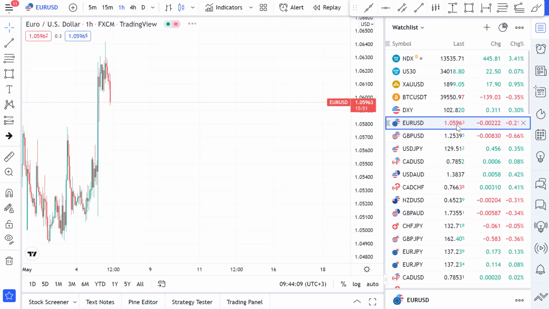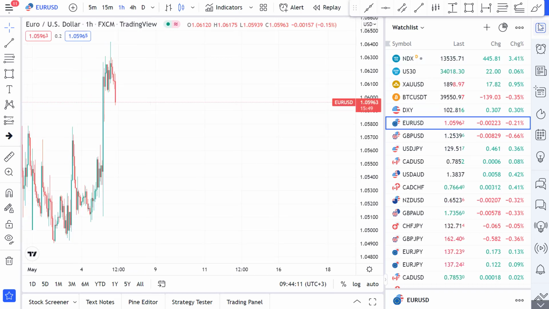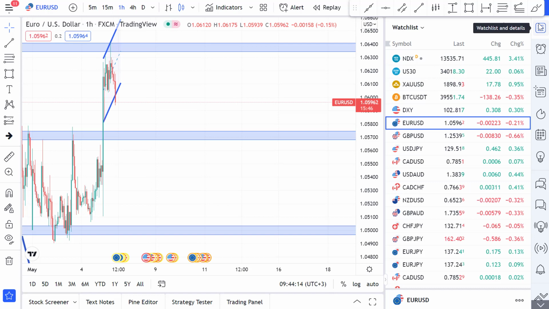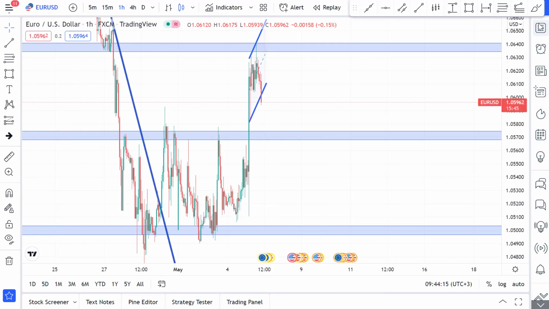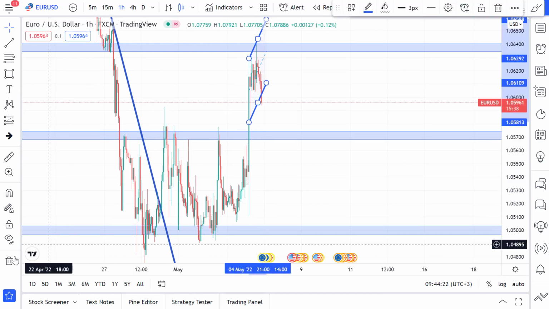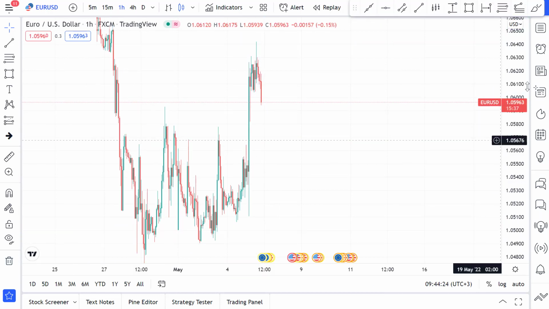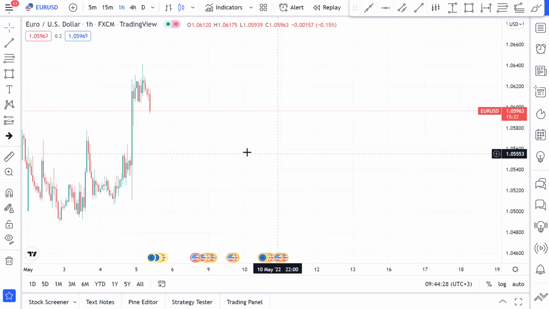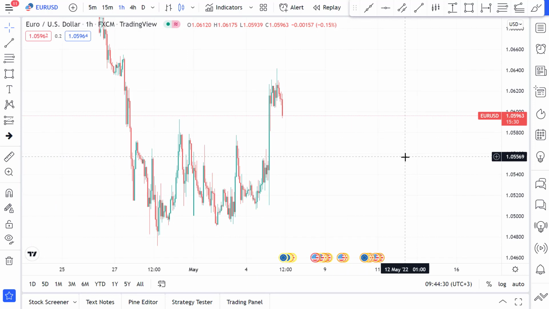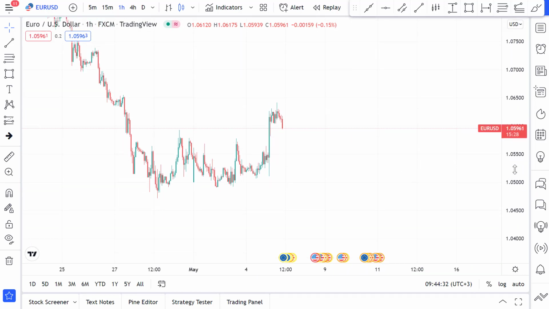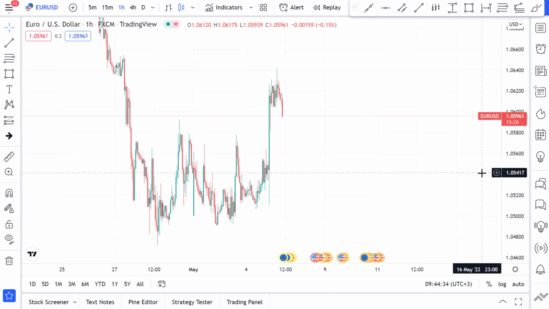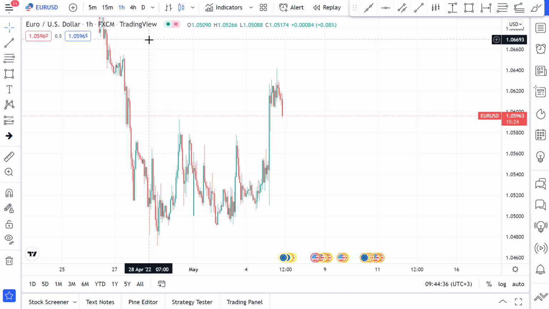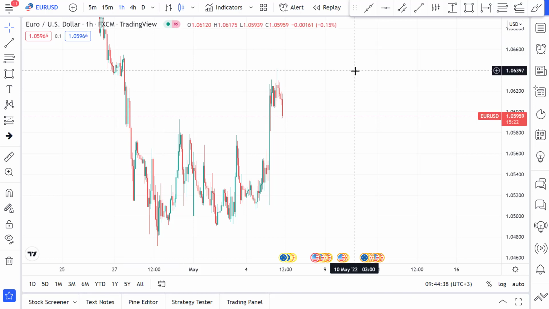All right, now at the same time, we can see EURUSD. Let me just update my chart, because I was watching that a couple of hours ago. What happened for EURUSD?